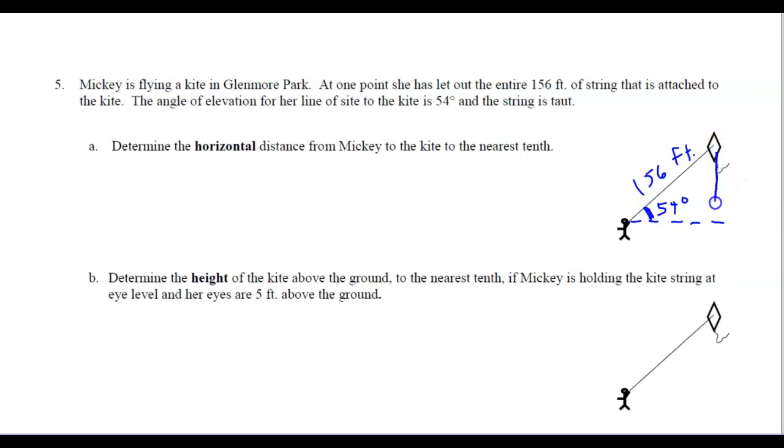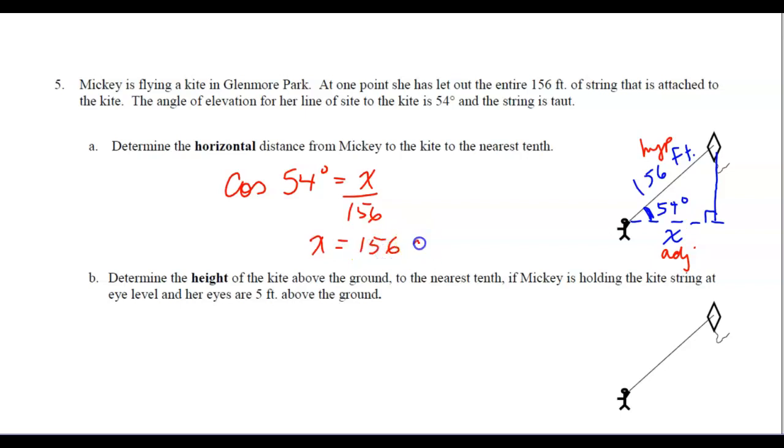So that means we want to draw a 90-degree triangle, and we have to find that horizontal distance x. So I'm going to label, compared to the 54 degrees, this is the adjacent side, and this is the hypotenuse. So cosine of 54 is adjacent over hypotenuse. And then we solve for x, so it's going to be multiplication.